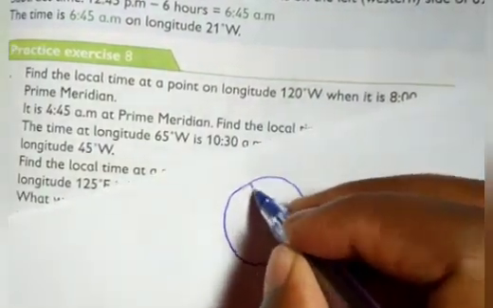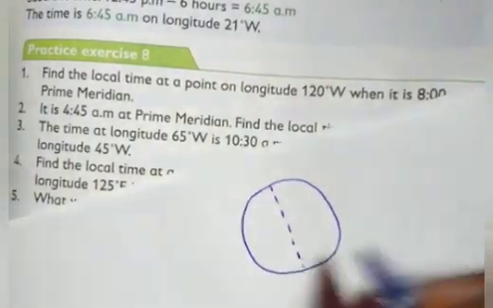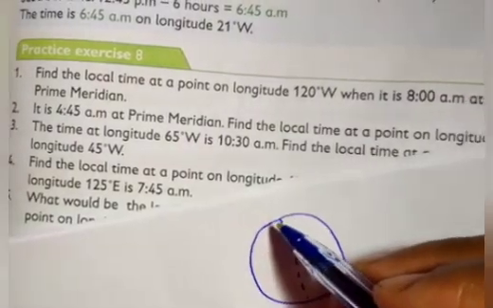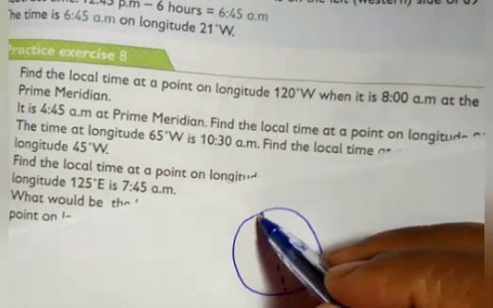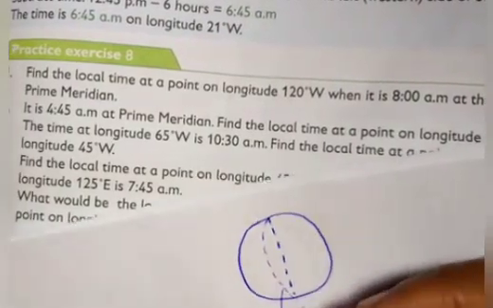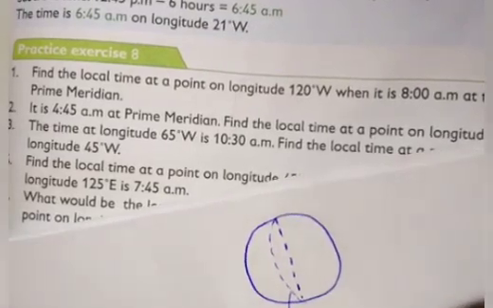We first locate the prime meridian so that you can come up with the other longitudes. Both of them are at the west of the prime meridian. So the first one is at 45 degrees west of the prime meridian.